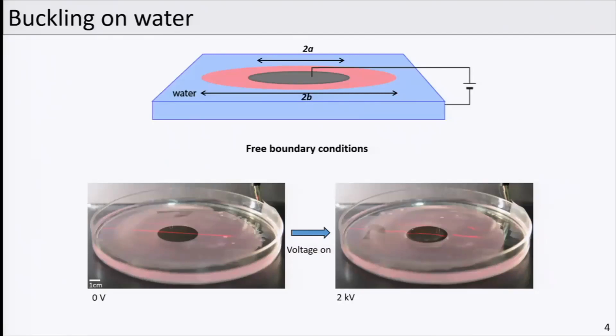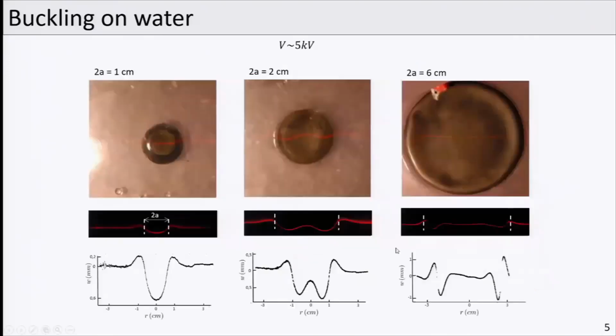So the black part gets more and more constrained, and at some point it buckles. And this is what you can guess here. You can see that the laser line is deflected. And I forgot to mention that the voltages we're using are pretty high. Here it's about 5 kilovolts, 2 kilovolts, something like that.